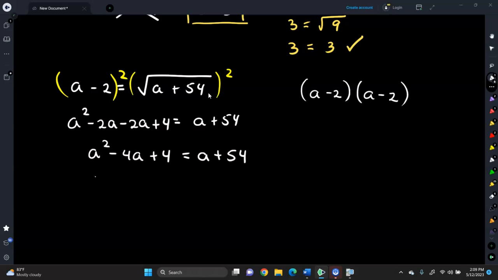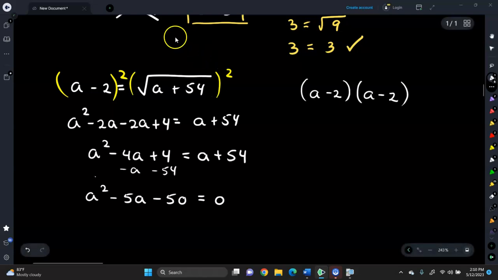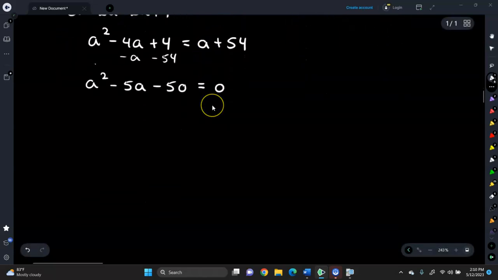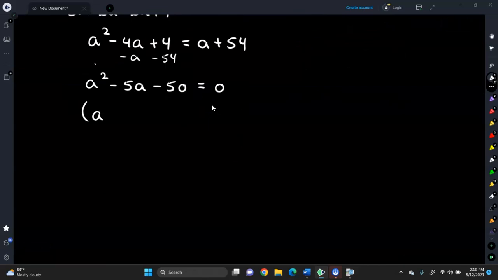So I'm going to subtract a and subtract 54. So we have a squared minus 5a minus 50 equals 0. I'm going to factor this: a minus 10 times a plus 5.